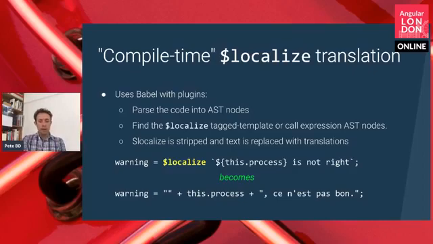Babel will parse the code into an AST, and then we use plugins to find the $localize instances, replace the nodes with the translated text, and then write it back out again. And you can see here at the bottom, the first line shows what it would have looked like before the Babel plugins run. And then afterwards, you can see that there's no longer any $localize. It just has the string concatenated together around the interpolated value.